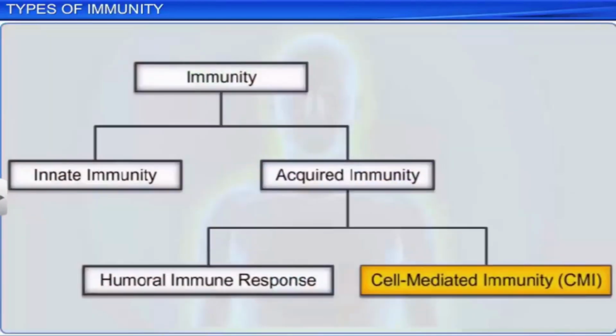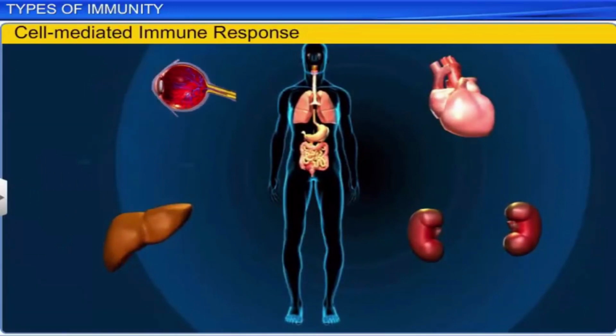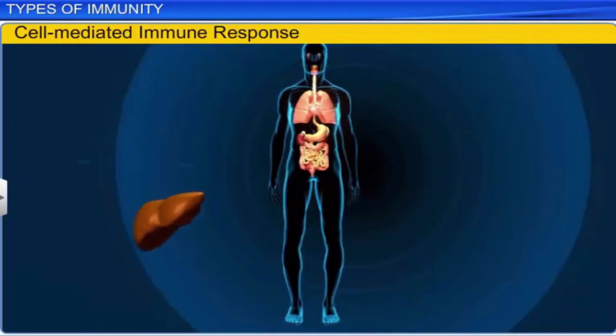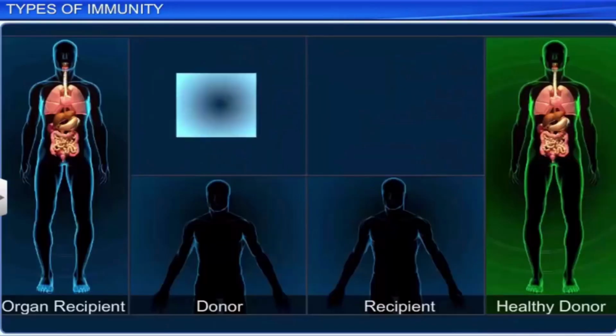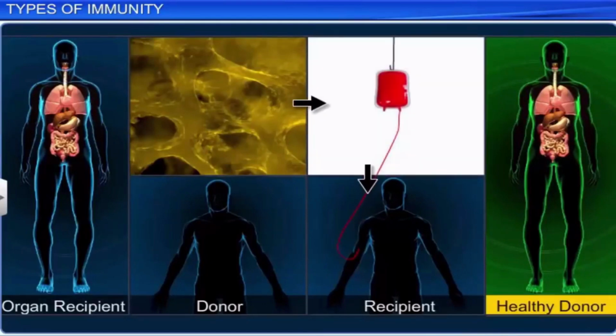The cell-mediated immune response can be best understood with the example of an organ transplant. When organs like the eye, heart, kidney, or liver fail, organ transplant is the only remedy. Thus begins the search for a suitable, healthy donor for transplantation.